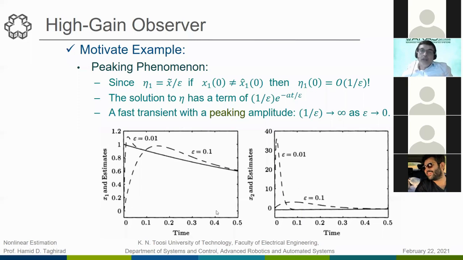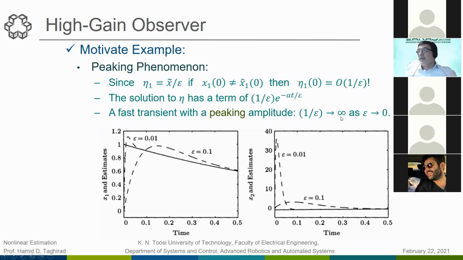Peaking phenomenon means to have some peaks. It means that although we have very good convergence as we increase the gains, like any controller, if you increase the gain, then you have some sort of peaking or overshoot in the response.